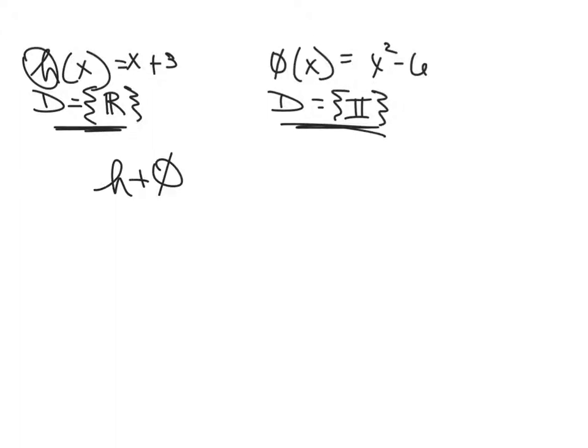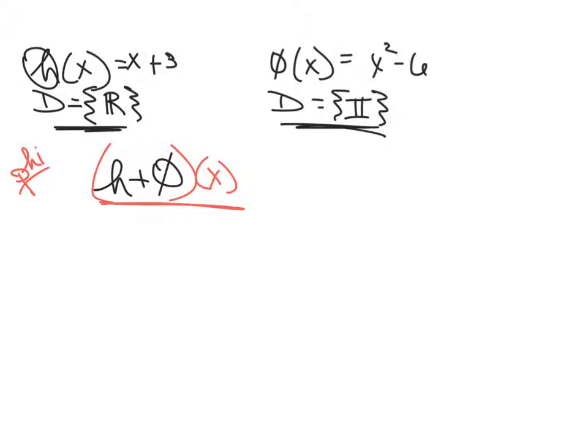I looked up the Greek letter, and it is written like that and pronounced phi. It's just one of the Greek letters, like we have ABC, they have alpha, beta, etc. So that's the letter phi. If I want to add those two functions, I take my function h plus my function phi, and I put an x there. That shows me that I want to add those two functions.